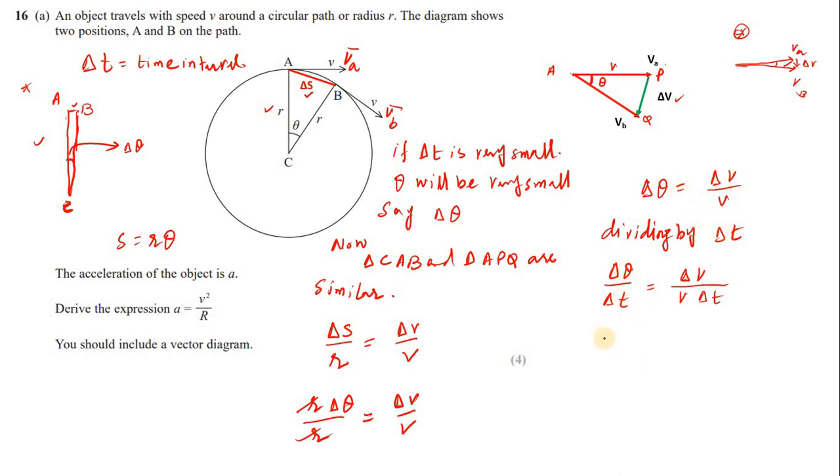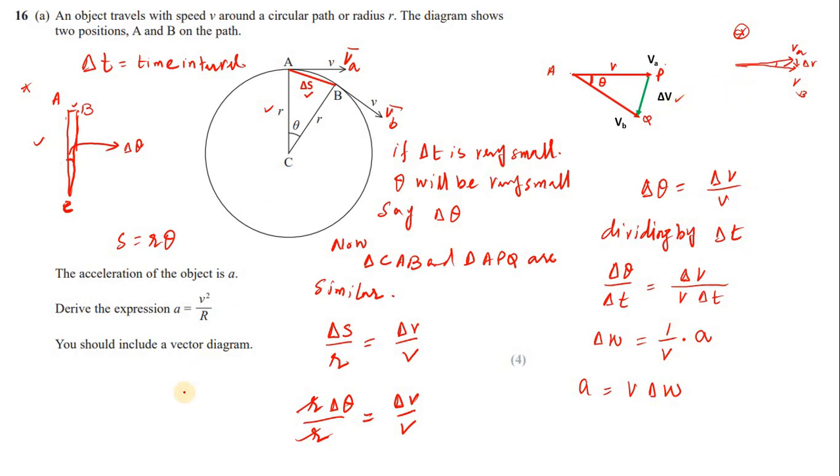Delta theta upon delta T becomes delta omega, angular velocity, and delta V upon delta T becomes acceleration. So 1 upon V into delta V upon delta T is acceleration. So acceleration is equal to V times omega, and this omega is angular velocity.